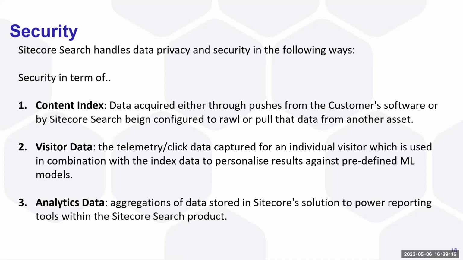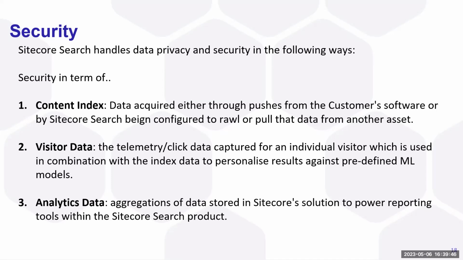Somebody clicks something on the site, Sitecore Search captures that click and any actions or interactions that happen on the site, and accordingly it can play an important role in producing personalized content. The considerations regarding security in storing visitors' data are a bit different.